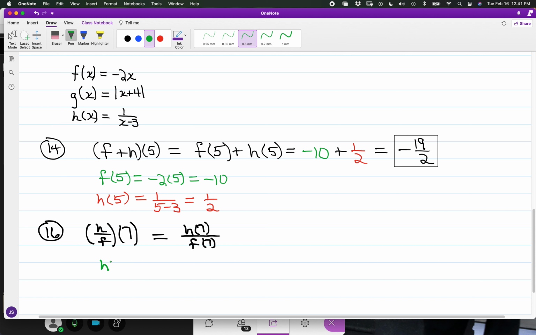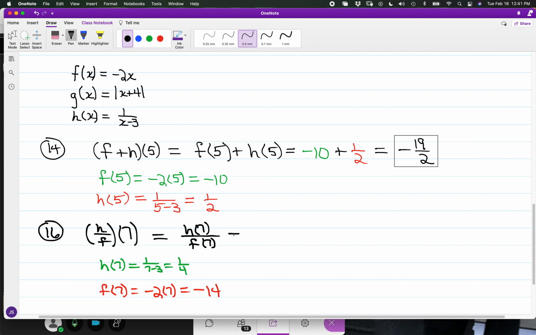For h of 7, you have 1 over 7 minus 3, so this will be 1/4. And for f of 7, we're looking at negative 2 times 7, which comes out to negative 14.